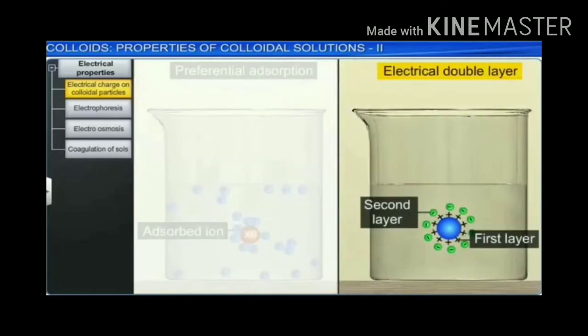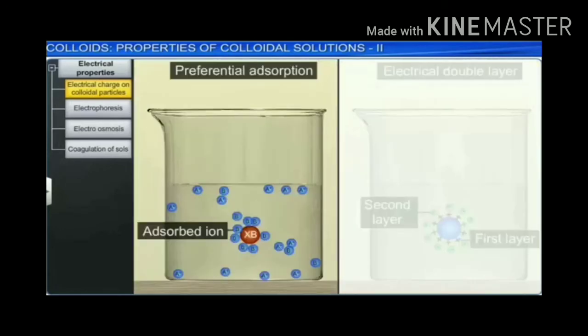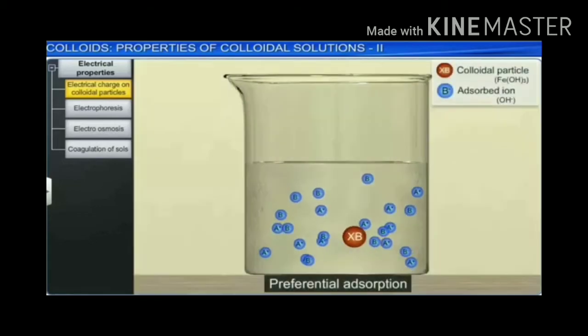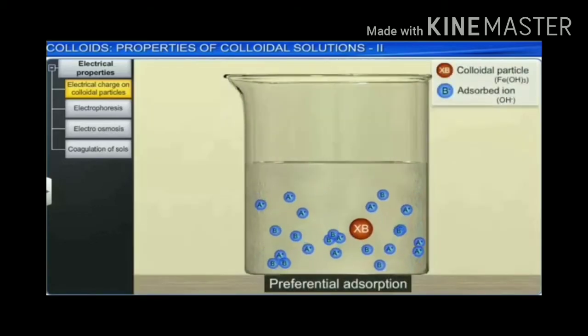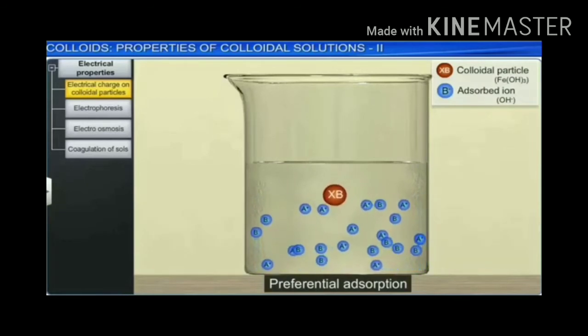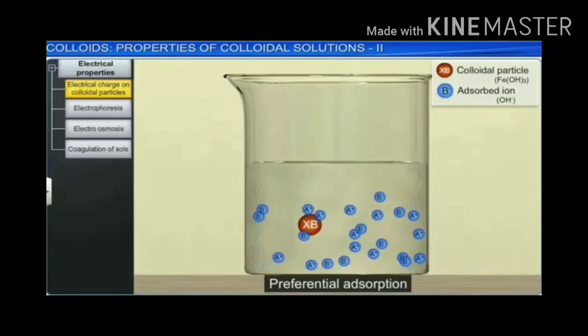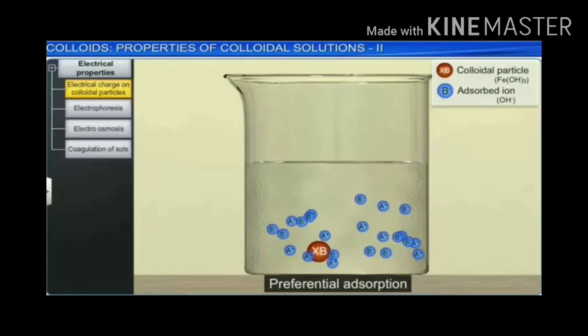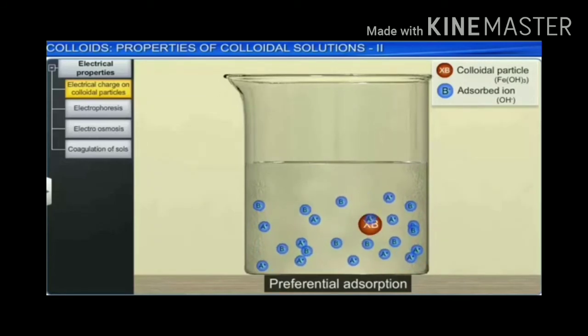Let us discuss the most accepted reason first: the preferential adsorption of ions. Colloidal particles have the tendency to preferentially adsorb a particular type of ion from the solution. An ionic colloid preferentially adsorbs the ion common to the colloidal particles from the solution.